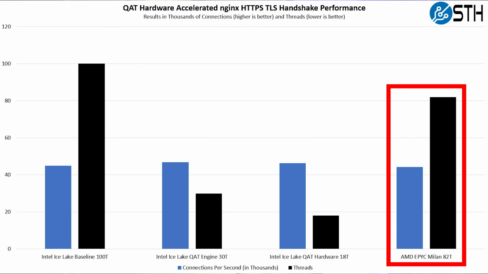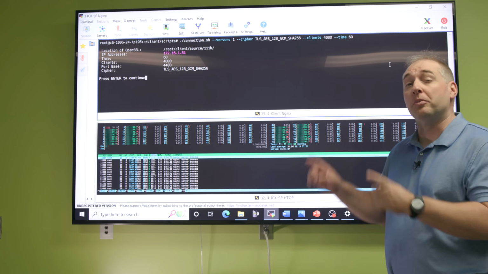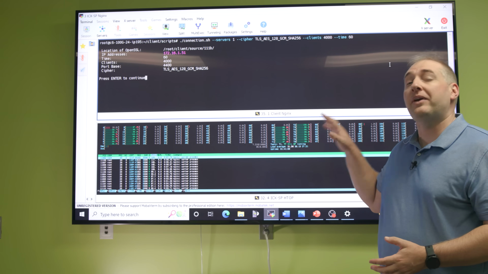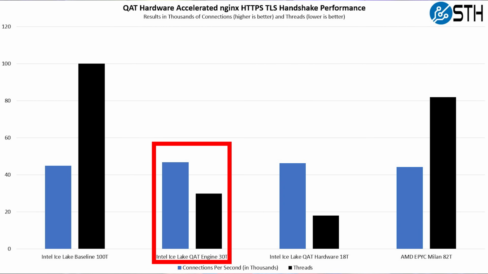By using IPP and the QAT engine, utilizing the new instructions that we saw in the Ice Lake cores, we were able to go from 100 threads down to only 30. That is a massive savings just by using the proper software acceleration and using the hardware that's already in the cores.